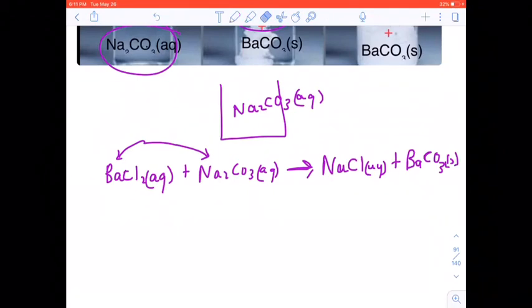Right, BaCO3 solid. So that's your molecular equation.